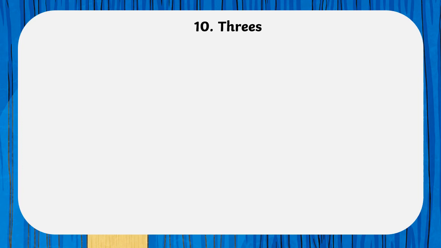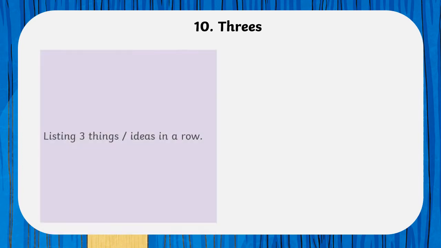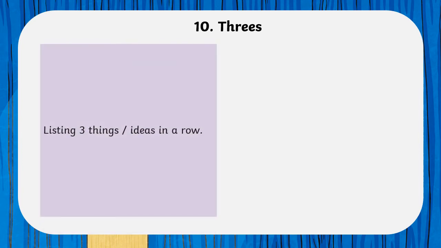And the last method is using three words, okay? Listing three things and three ideas in a row. This actually works in order to add catchiness to what you are saying. You're trying to persuade the audience and grab their attention to make them listen to you as well.